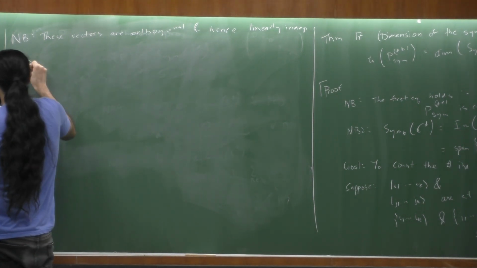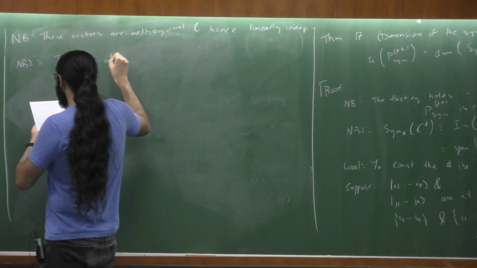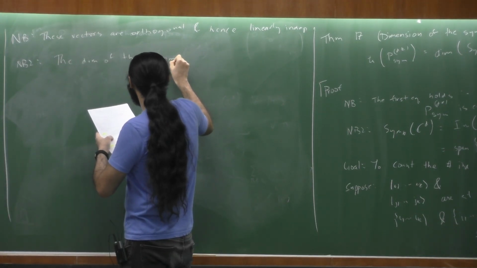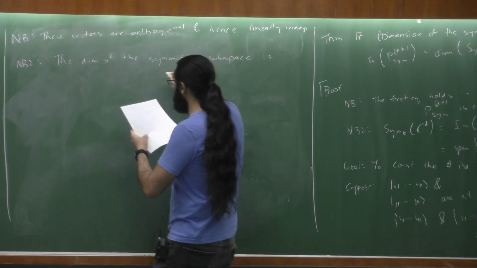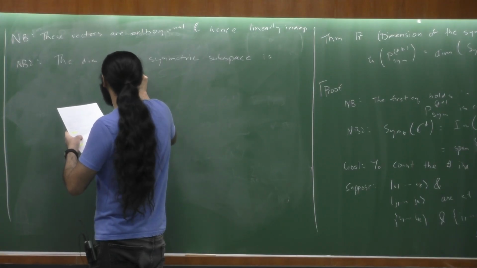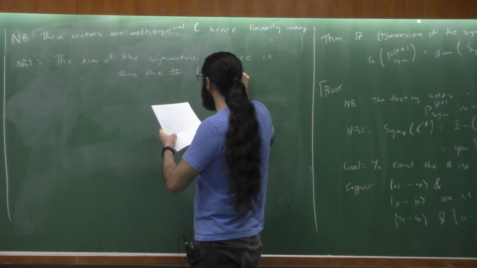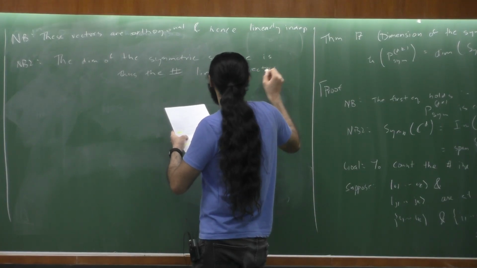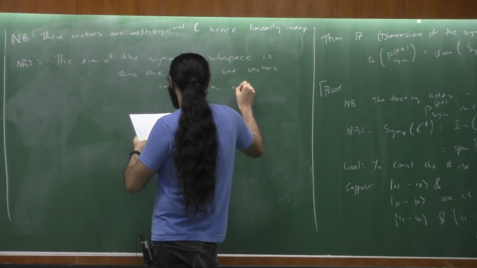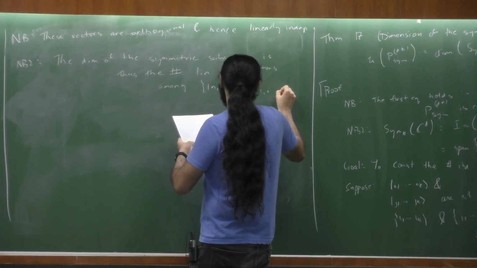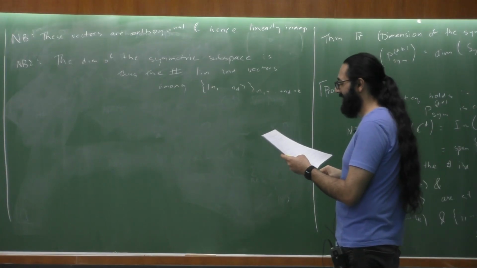Okay, so this is fine. The second note is that the dimension of the symmetric subspace, right, is thus the number of linearly independent vectors among |n1 to nd>, where the sum is k, right?